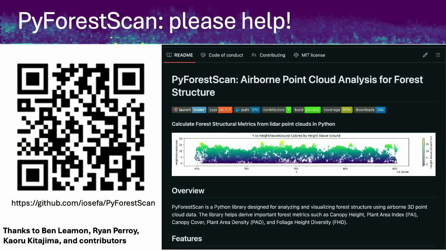However, there are only certain file formats that are supported, like a PCD from the Point Cloud Library. That's not something that I'm supporting right now. So you would use something like PDAL or some other tool to convert that data set. It only needs to be XYZ, but into a file format that's ingestible by PyForestScan, which at this point are LAS, LAZ, COPC, EPT. Okay, thank you very much.